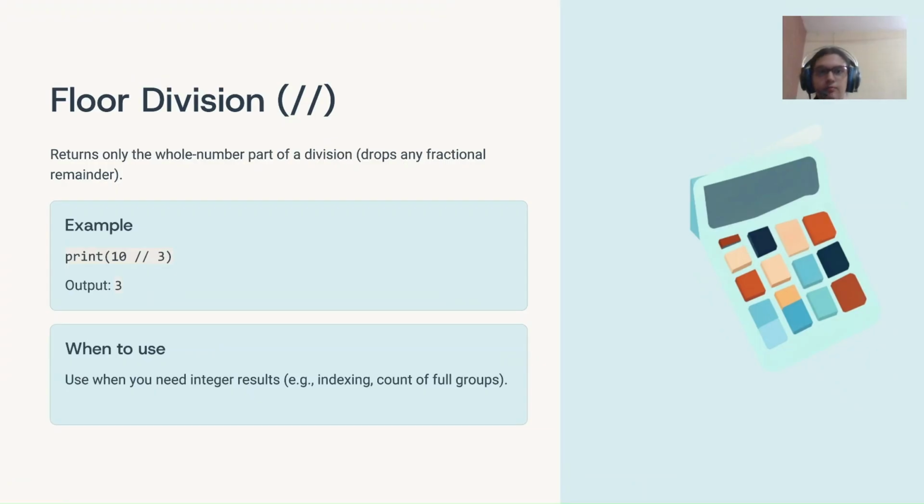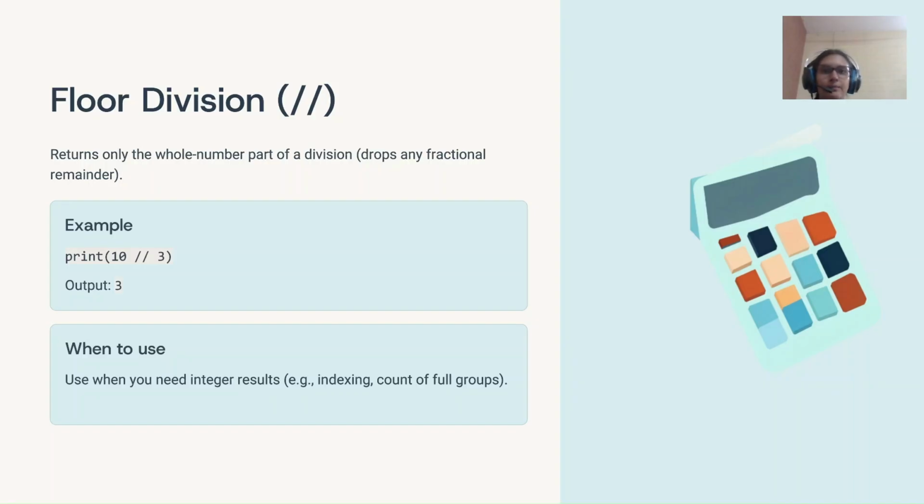Floor division. You obviously have learned about addition, subtraction, multiplication, and division, right? So you might be wondering, what is floor division? It might look a little scary at first, but it's very simple.